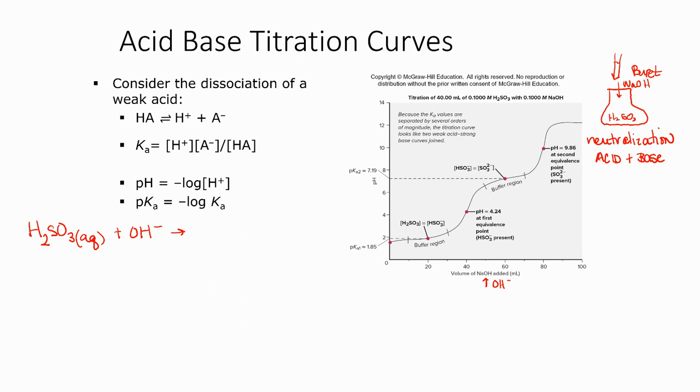Just like we practiced before, when it loses H plus, it's just one at a time. So this will make water and HSO3 minus. Now notice this is the weak acid and this is the conjugate base.